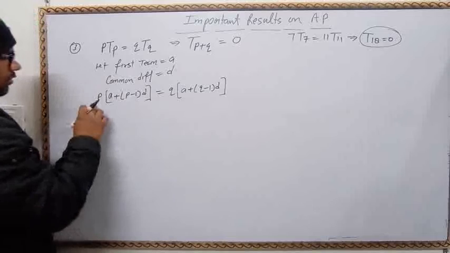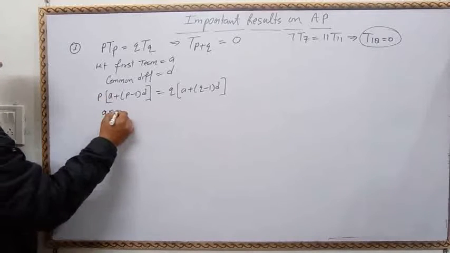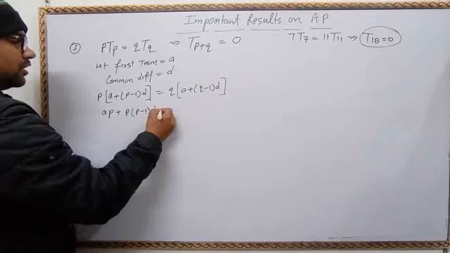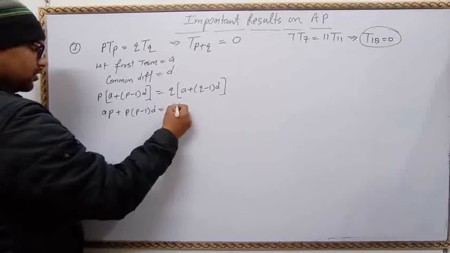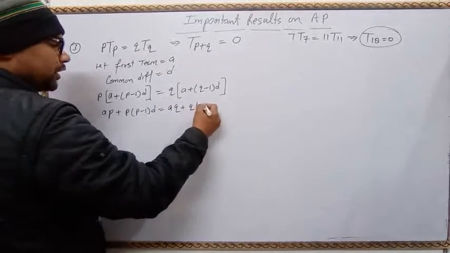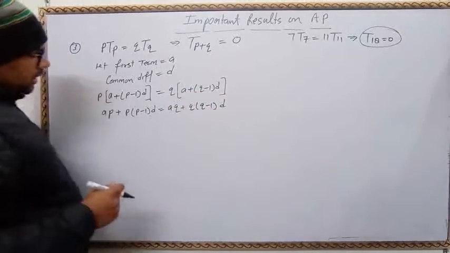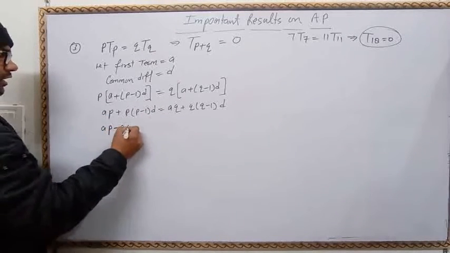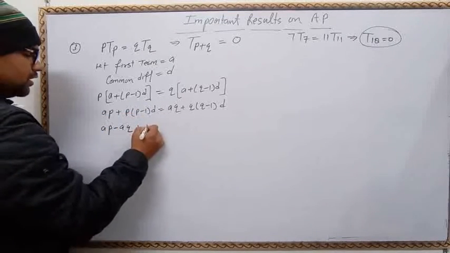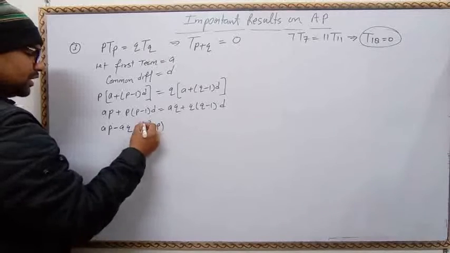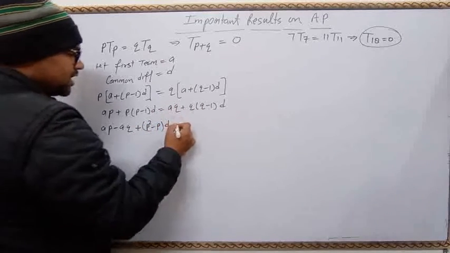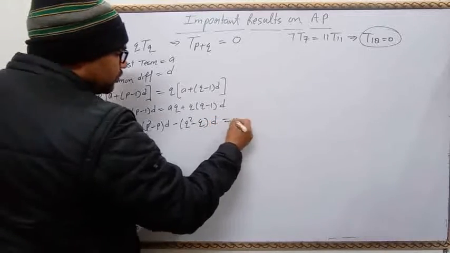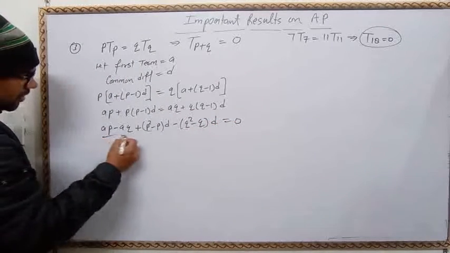Now we will multiply: P times (A plus (P minus 1)D) equal to Q times (A plus (Q minus 1)D). Now we will solve the left side: AP minus AQ plus (P square minus P)D minus (Q square minus Q)D equal to 0. Think about what is common here.